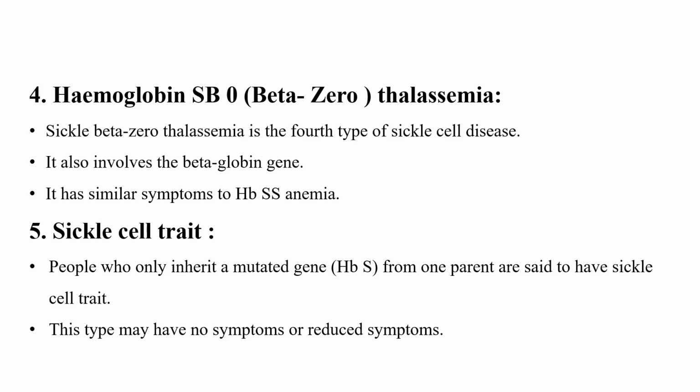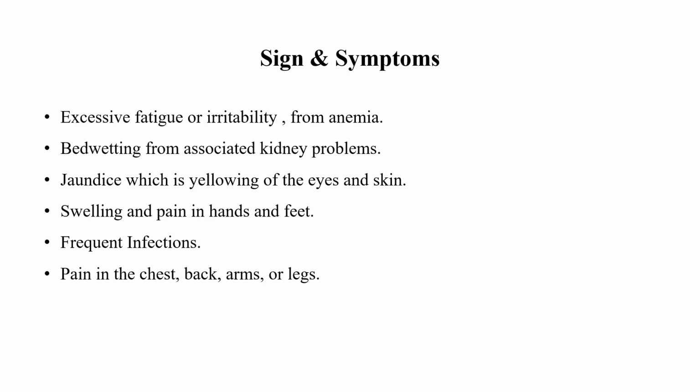Symptoms of sickle cell disease: excessive fatigue or irritability from anemia, bedwetting from associated kidney problems, jaundice, which is yellowing of the eyes and skin, swelling and pain in hands and feet, frequent infections, and pain in the chest, back, arms, or legs.